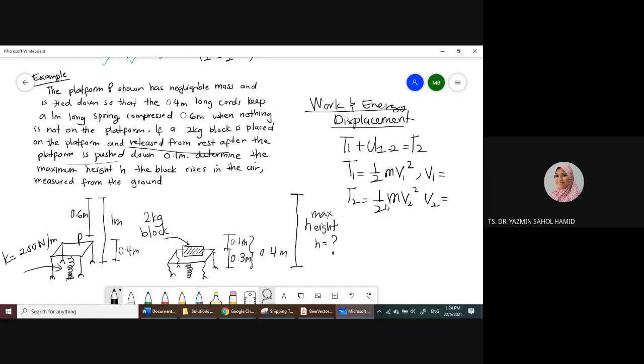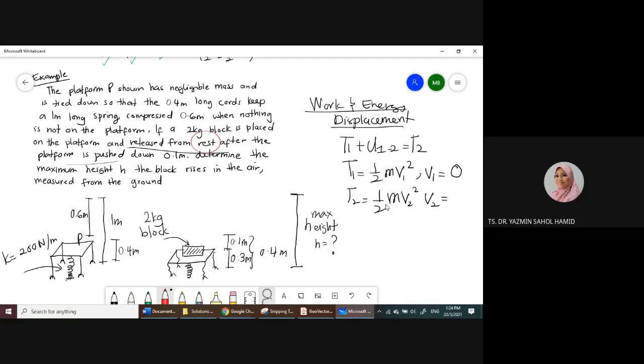Is it 0? Yes, it's 0. Why? Because it is released from rest.